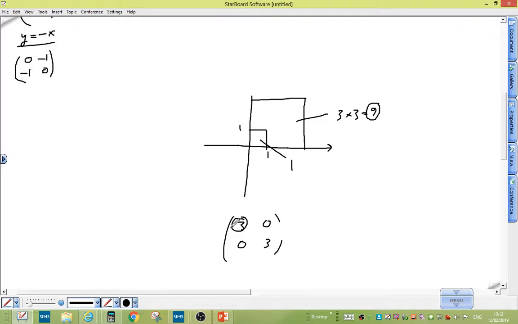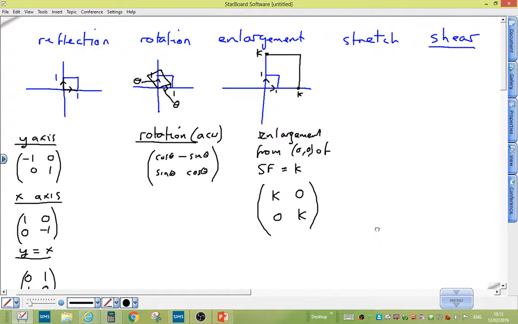So if you times it by that enlargement matrix, it's going to linearly grow in both directions at a rate of 3 and 3. So even though you're doing a box of 2, 0, 0, 2, with an original area of 4, it's going to be a new area of 36, because the determinant of what you're timesing it by is 9. Okay, right, coming back up to here, a stretch.